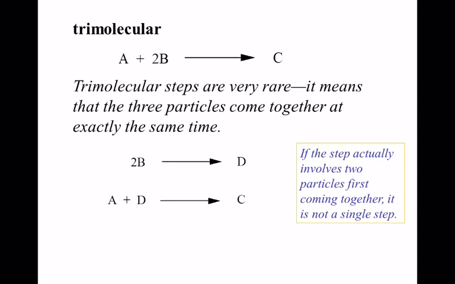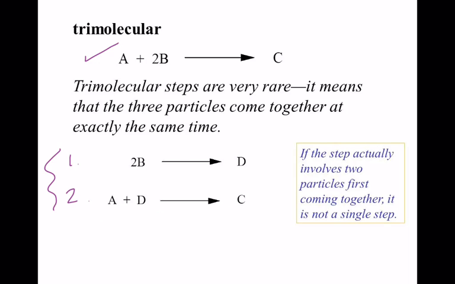So if you see a trimolecular, it's probably actually not its own elementary step. Instead of happening in just one step, it really probably happens in two steps. And actually these might be what we'd say are the elementary steps at the molecular level.